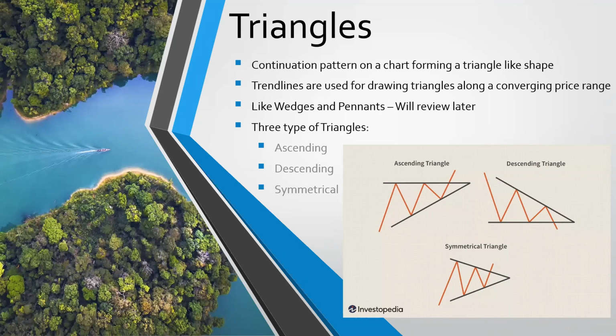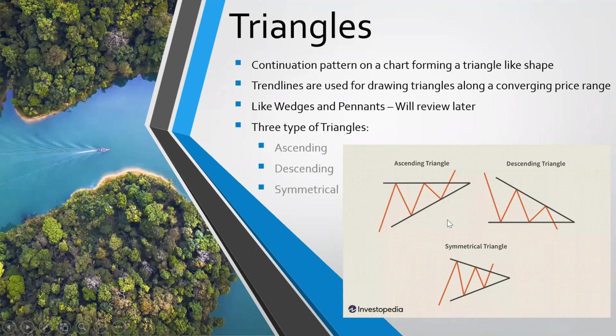There are three types of triangle. One is an ascending triangle, which is more of a bullish trend. The descending triangle is a bearish trend. A symmetrical triangle can go either way. It can break out, that's a bullish trend, or it can break down, that's a bearish trend.